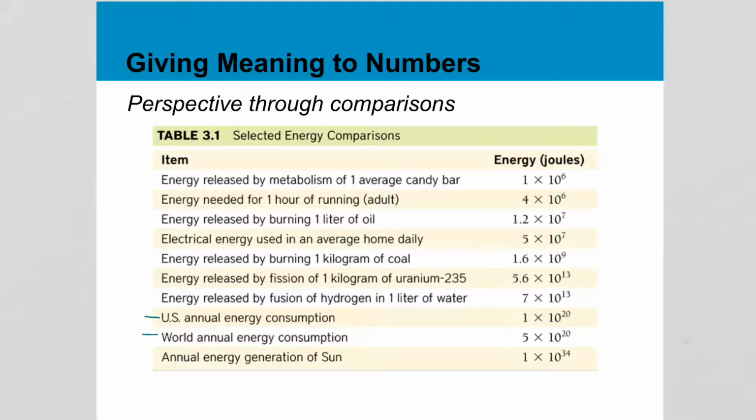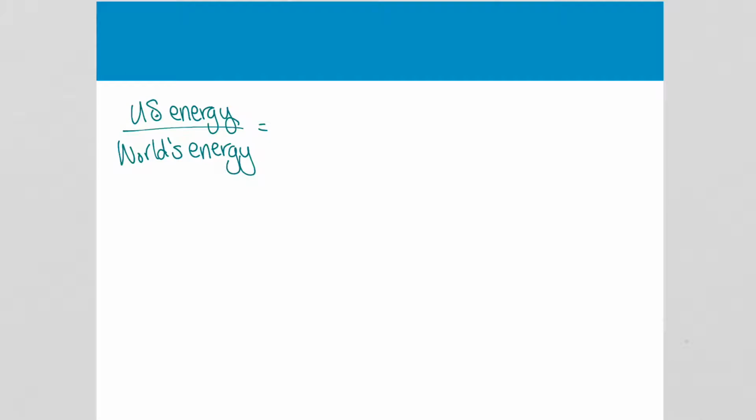The U.S. is 1 times 10 to the 20, and the world is 5 times 10 to the 20. Ends up just being 1/5 or 0.2.